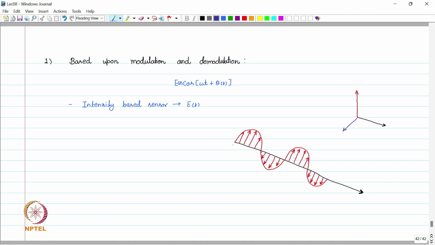The magnetic field vector is perpendicular to the electric field vector. It will look something like this.